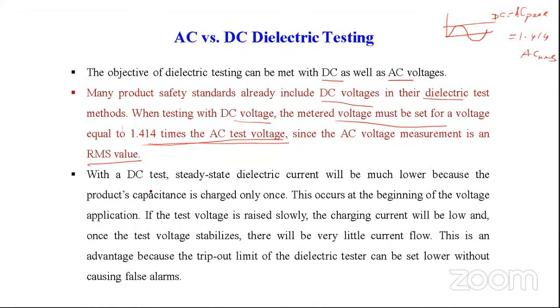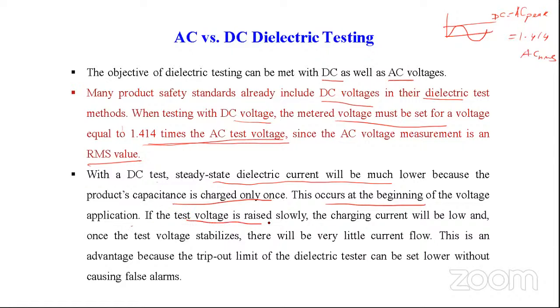What is the advantage? With the DC test, the steady state dielectric current will be much lower. Why will the current be much lower? Because in the case of a DC test, the capacitance offered by the insulation is charged only once. This occurs at the beginning of the voltage application.